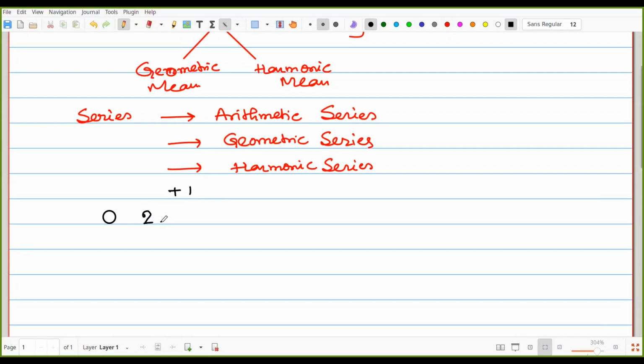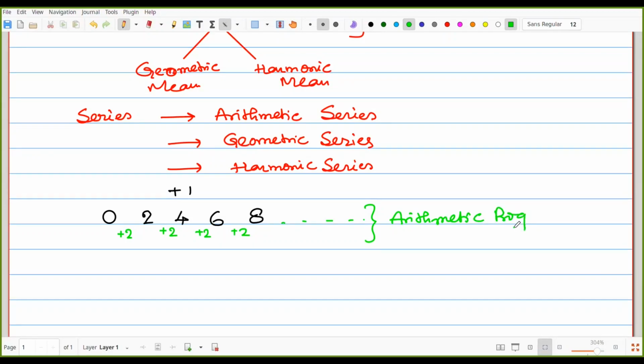So the second term is 2, then 4, 6, 8. Each and every time we are adding 2 to the numbers. As plus is involved here, that is called the arithmetic progression.